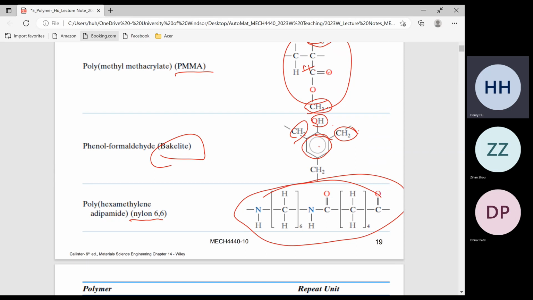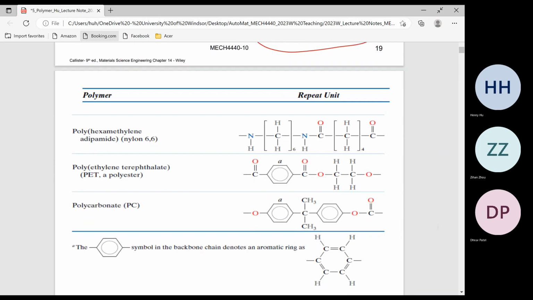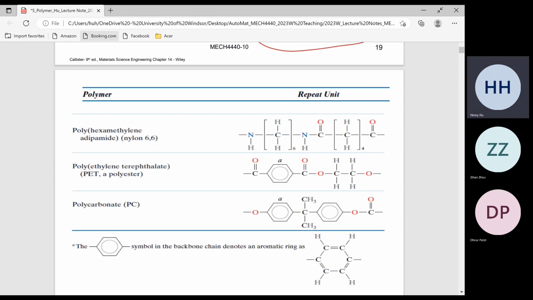There's nitrogen and carbon as a main chain structure, connected to not only hydrogen but also oxygen. Then polyhexamethylene adipamide, or nylon, I just mentioned on the previous slide, is repeated.